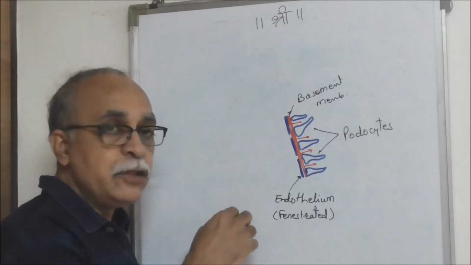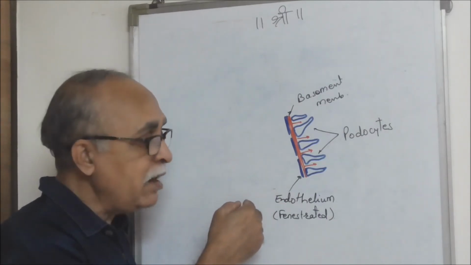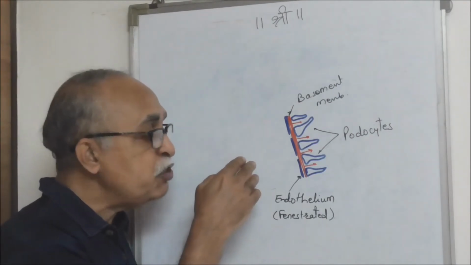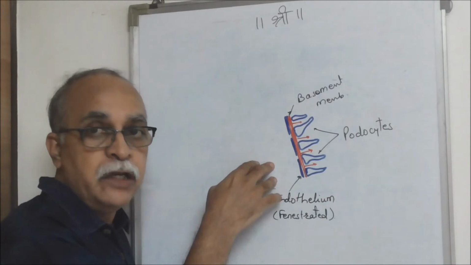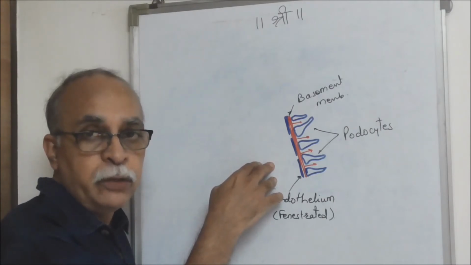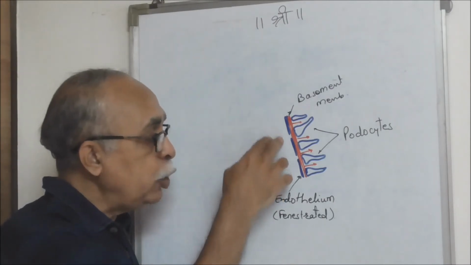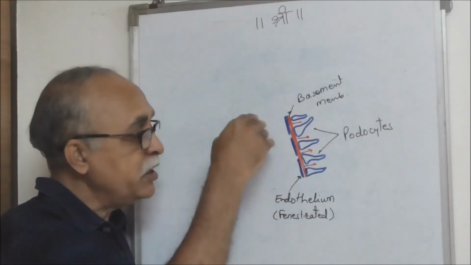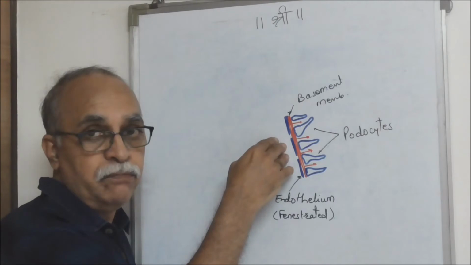But that too applies to molecules smaller than about 7 to 8 nanometers. The molecules larger than this, majorly the protein molecules, will not be filtered out. They would stay in the blood vessel, in the capillaries.